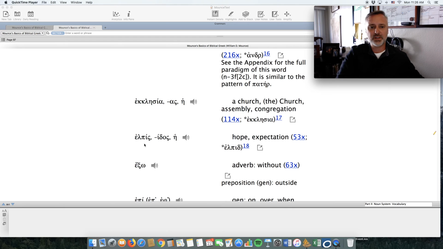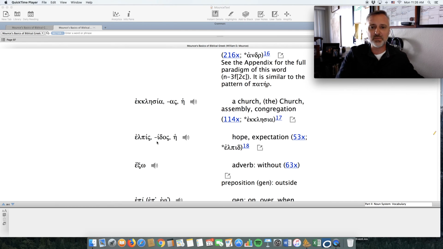All right. Elpis. Elpis means hope or expectation. I always remember this because Elpis sounds like Elvis, and a lot of Elvis fans hope that he's alive. Anyway, there you go. Hey elpis is a third declension noun. There's a paradigm for it in the chapter that we just did on page 94.